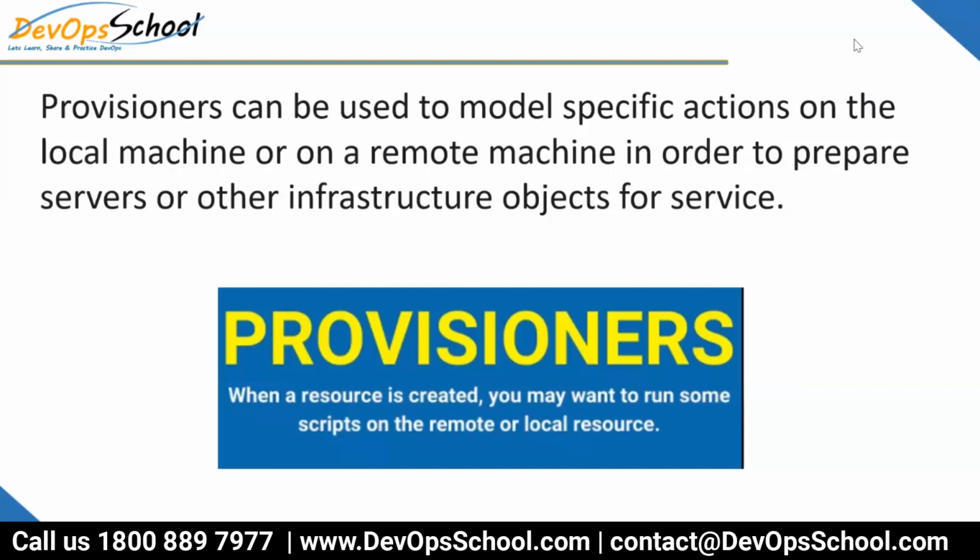Remote machine means a machine which you have created through Terraform. It's not necessarily only machines created through Terraform. Other machines which you have not created through Terraform can also be managed, but right now I don't want to complicate it. So here, local machine means your laptop, simple, from where you are running the Terraform code. Remote machine means the VM which you just created 10-15 minutes before.